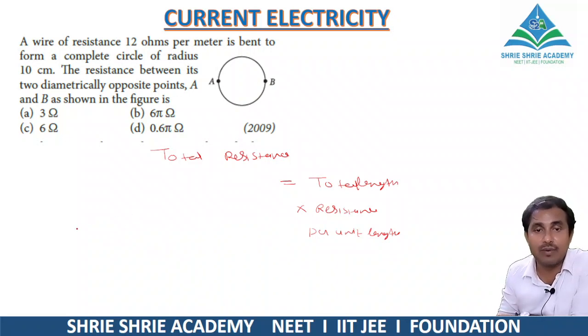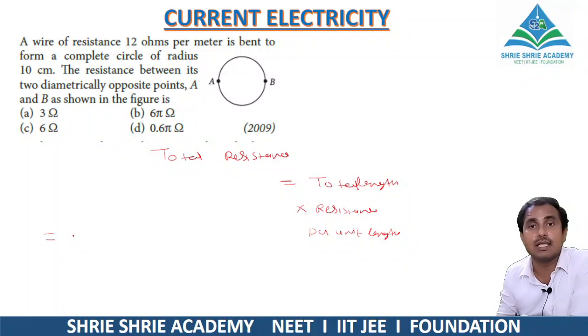The total length is 2 pi r. The radius is given as 10 centimeters, so 10 by 100, 1 by 10, and resistance per unit length is given as 12.